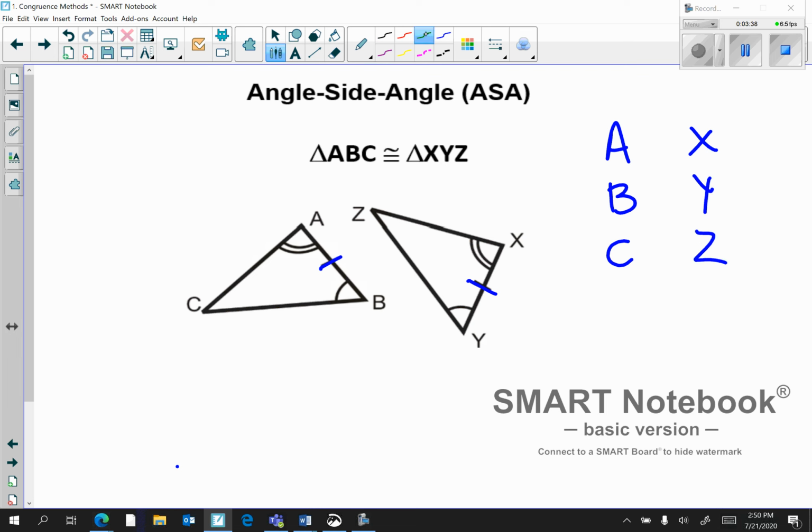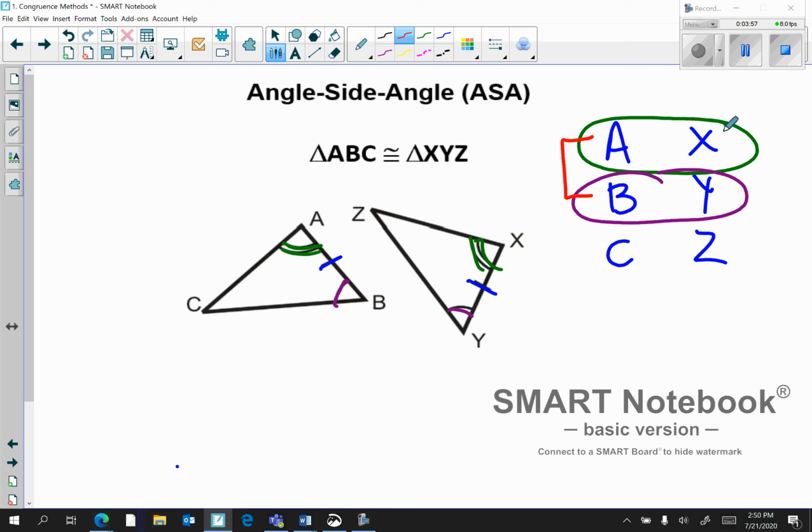So we know that angle A is congruent to angle X, and angle B is congruent to angle Y. And then the side in between are congruent. So AB is congruent to XY. So for angle side angle, the side that's congruent has to be in between the two angles.